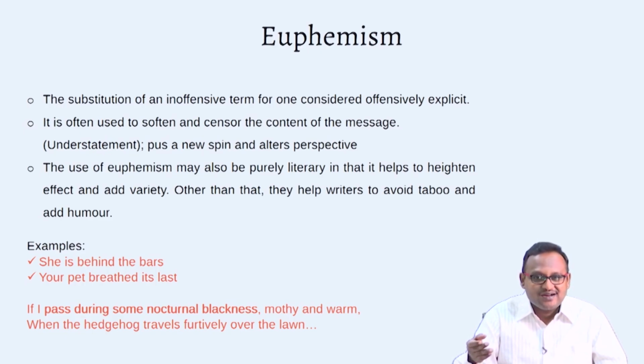So, these are some kind of poetic devices writers use to bring in various effects. So, depending on what effect, what impact you want to create, you make use of these devices.